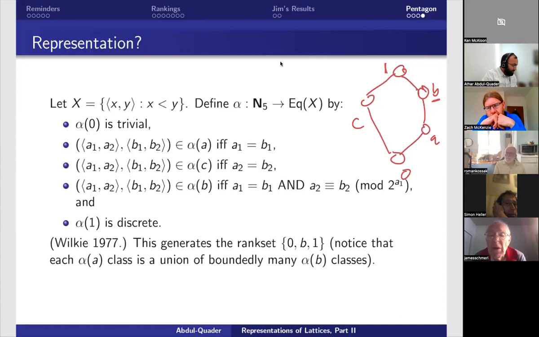So, Roman, can you repeat that question? So the question is that it seemed to me that in the introduction of Wilkie's paper, there is something about this general situation. You start with B2, and you have A, and you replace A by some finite lattice D1, and you replace B by some other finite lattice D2. And he had something to say about this particular lattice.